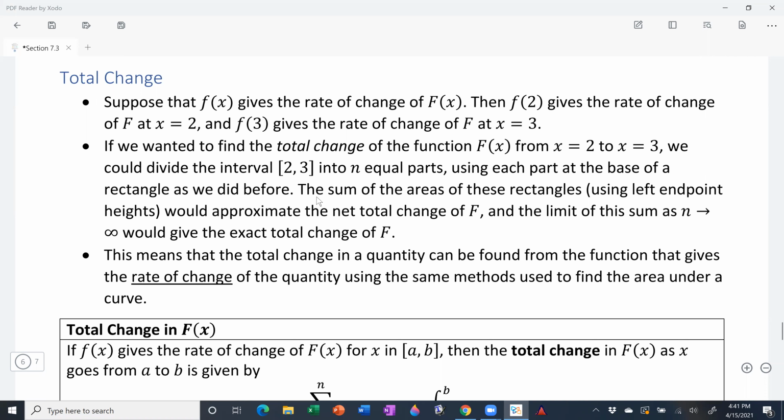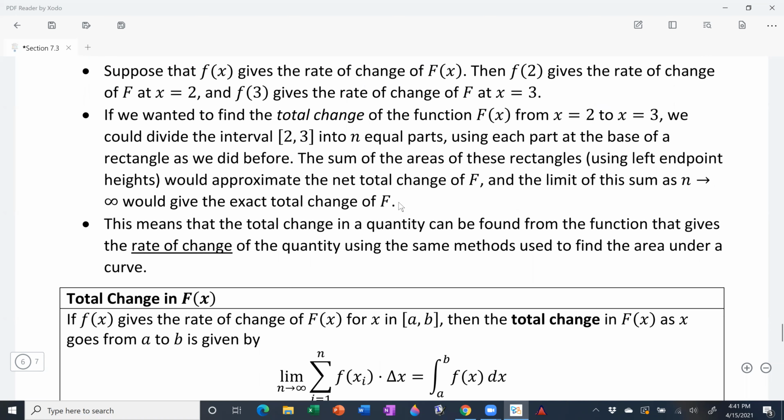The sum of the rectangles using left endpoint heights, for example, would approximate the net total change of F, as long as the function we're working with is the rate of change function for capital F. And then the limit of this sum as n goes to infinity would give the exact total change of capital F. Very interesting there.